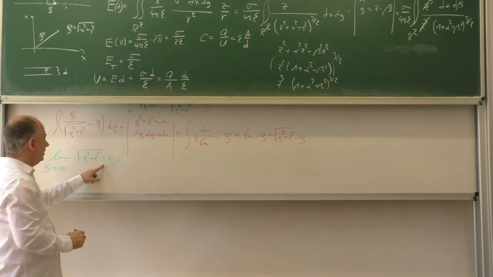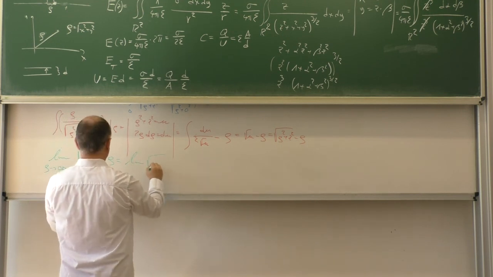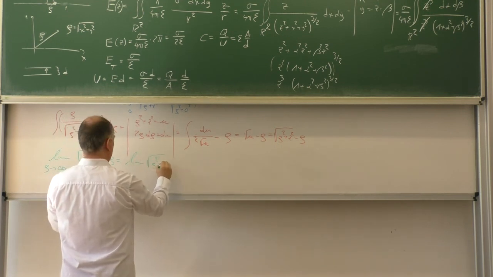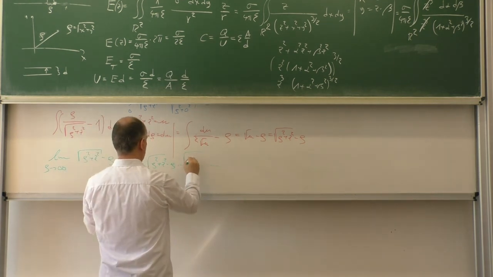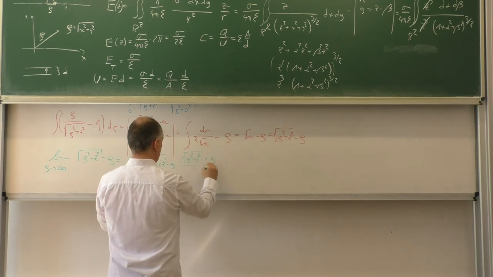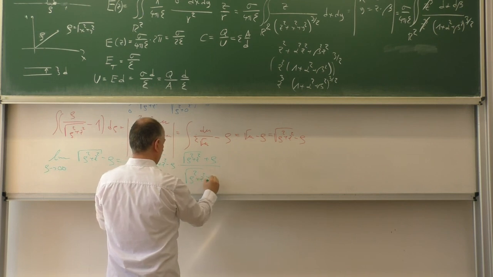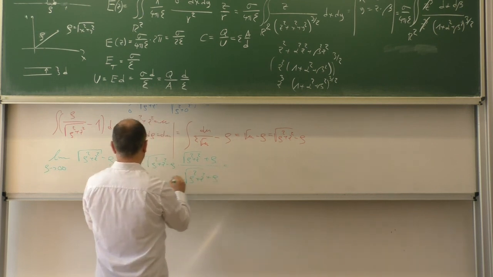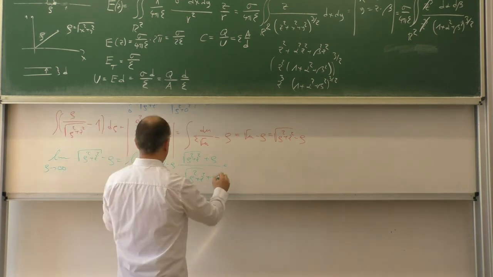If we divide and multiply by the sum, square root of rho square plus z square plus rho, divided by square root of rho square plus z square plus rho, and limit for rho approaching infinity.